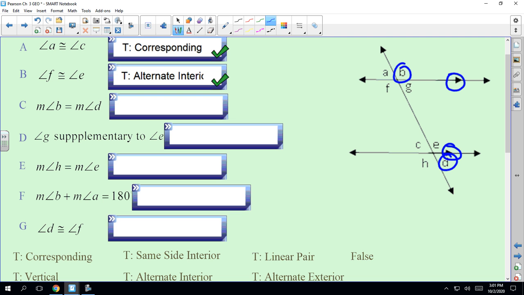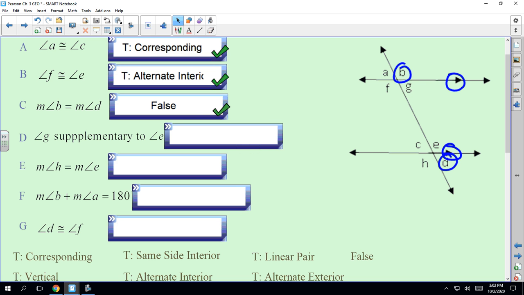Well, just looking at the picture, it looks like B is an obtuse angle, D is an acute angle. So I'm thinking there's no way they're going to be congruent. They don't fit into one of the categories of alternate interior, alternate exterior, nor corresponding angles. So this one is in fact false.